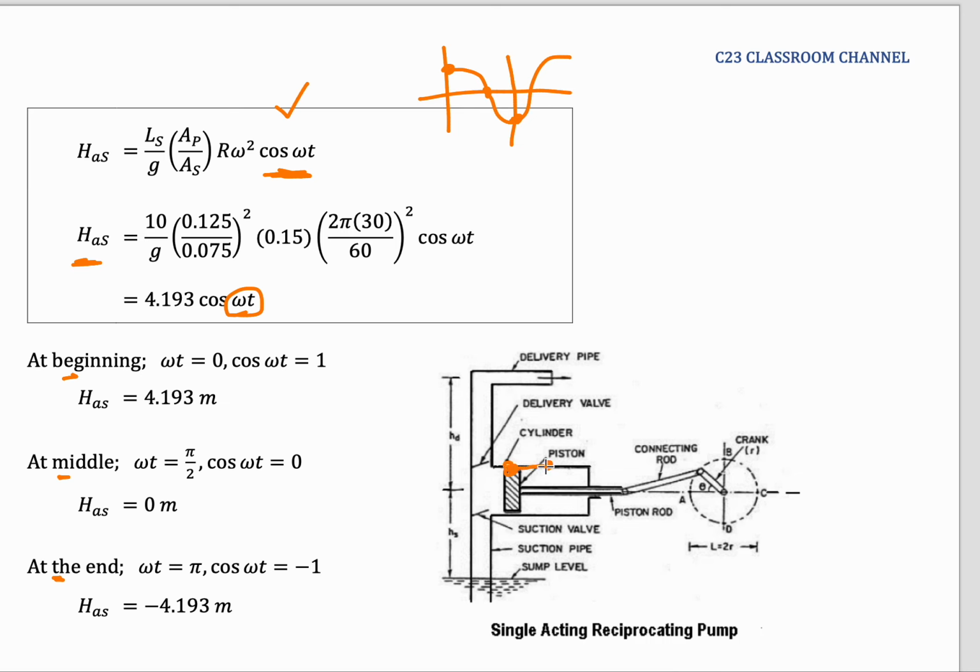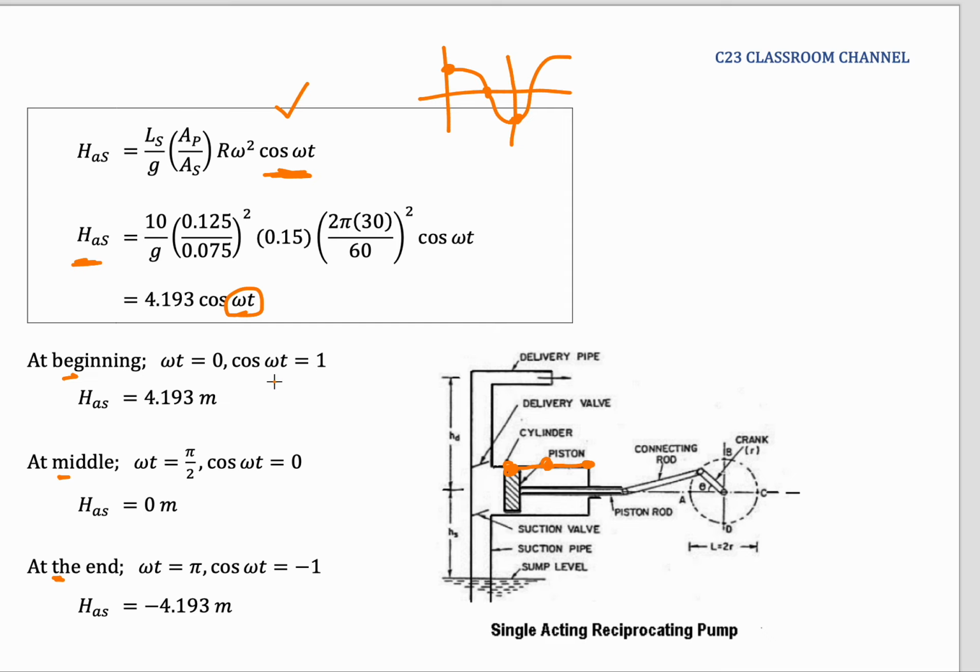This is the middle of the suction part, and then at this one, this is the end of the suction. So at the start we found that the angle here, theta, is equal to 0.